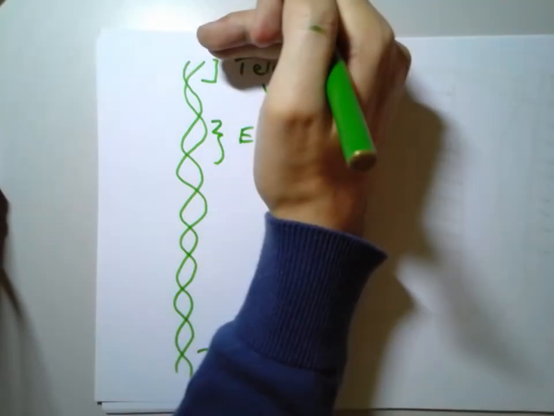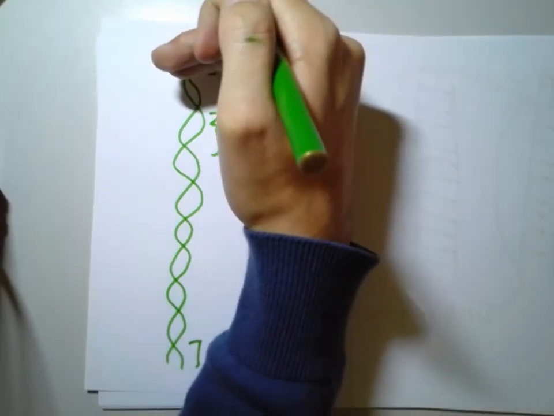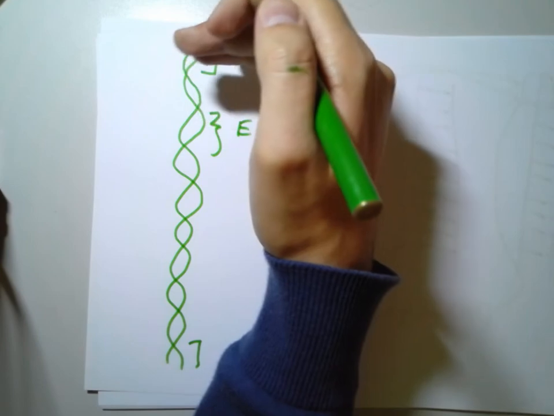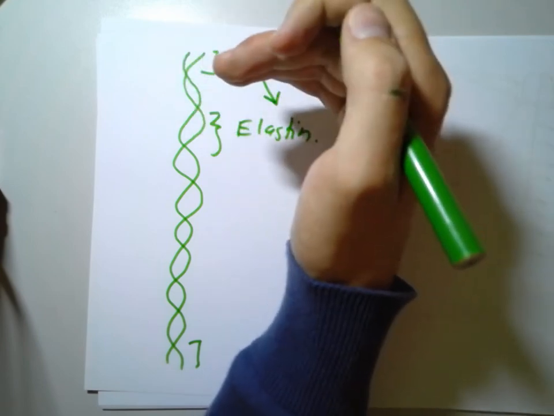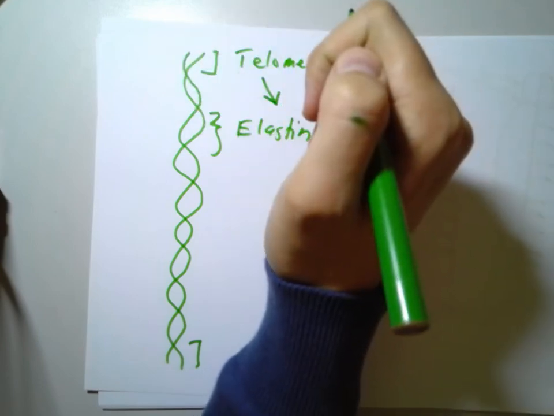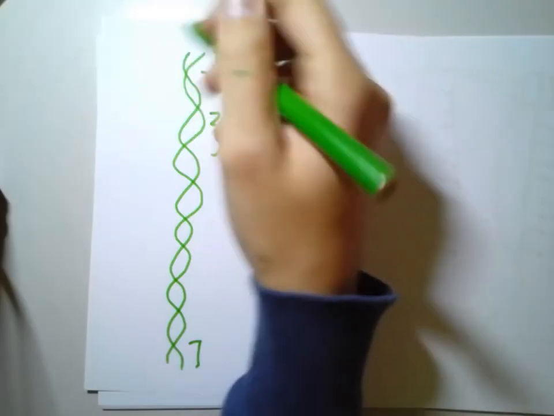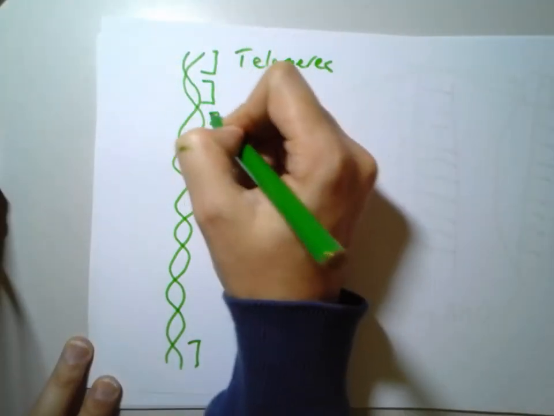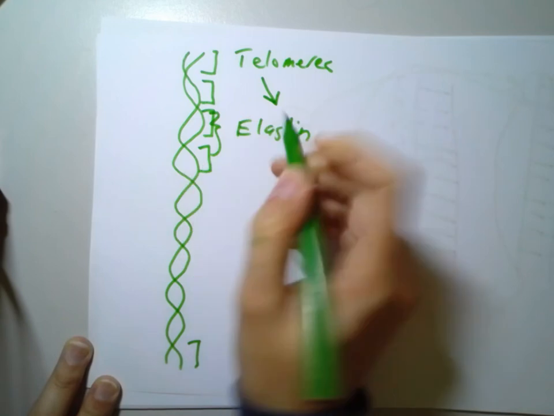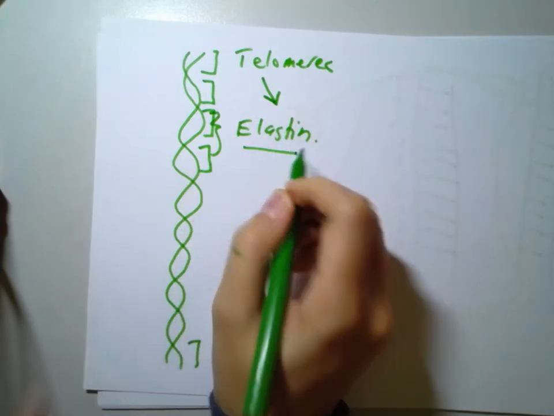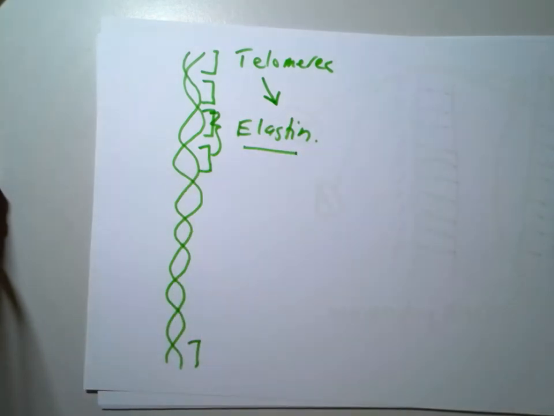So after a series of telomeres being depleted, or after replication occurs, say after 40 or 50 years in your life, you'll start to get wrinkles because the telomere loss that has occurred has deleted this protein, and therefore your skin starts to sag, and therefore you look older.